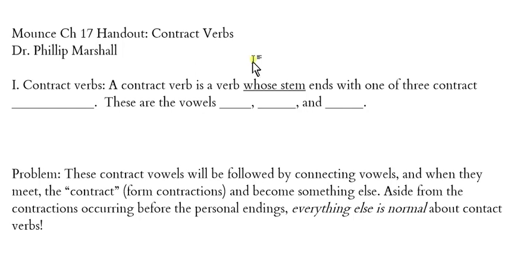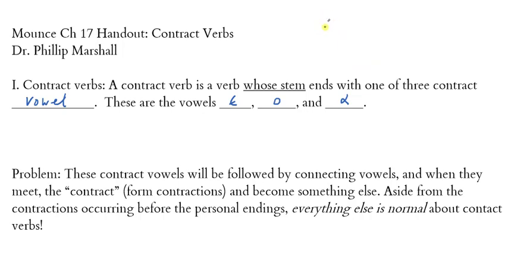Now, first things first, a contract verb is a verb whose stem ends with one of three contract vowels. Okay? So we're dealing with contract vowels. What are these vowels? They are the vowels epsilon, omicron, and alpha. So let's take for a minute the paradigm verb that we learned for the present active indicative.